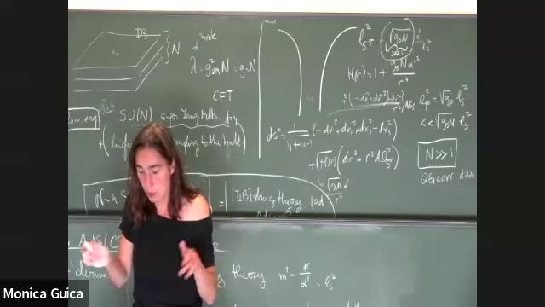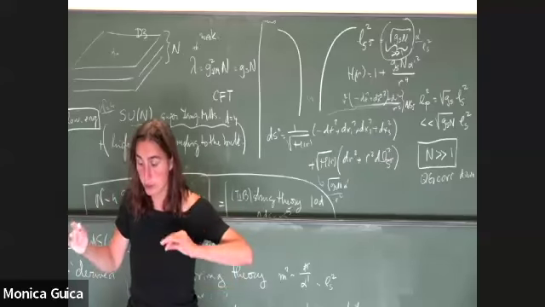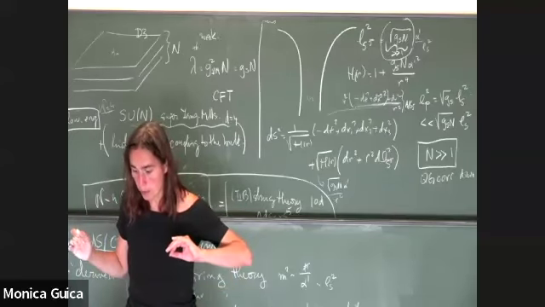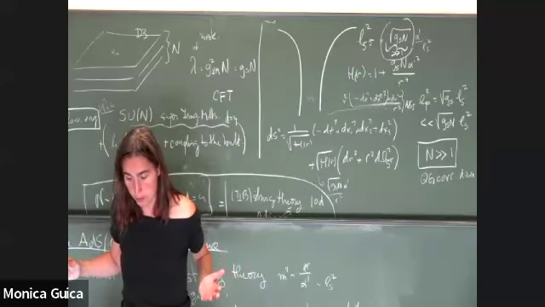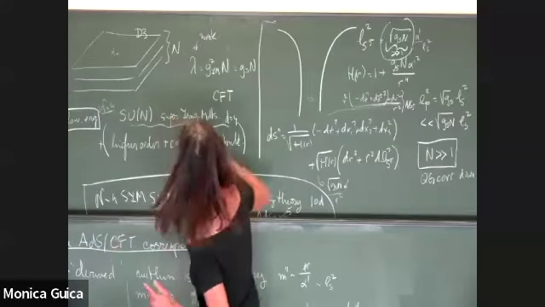So that means that I don't have a nice notion of classical gravity. I really have to study full string theory on my background. Okay, which is very hard. In principle it's possible, but in practice it's very, very hard.